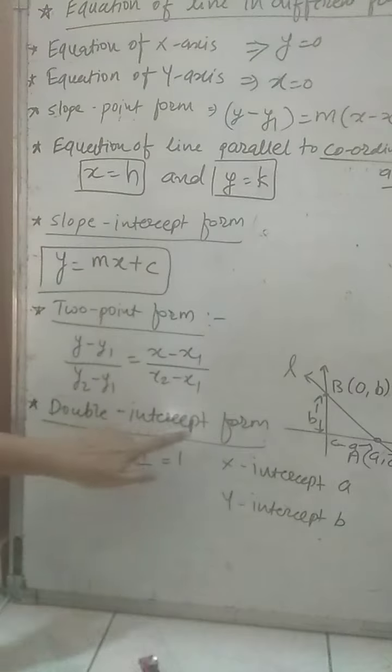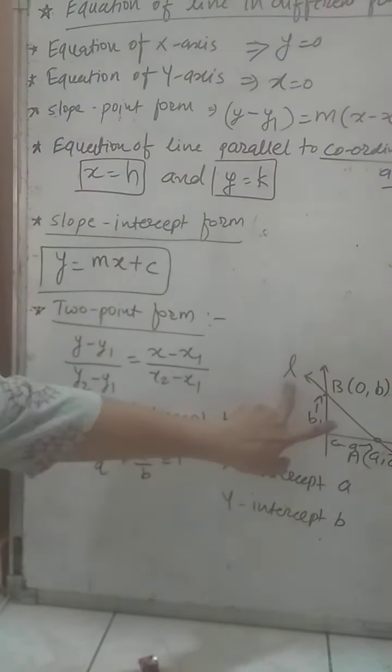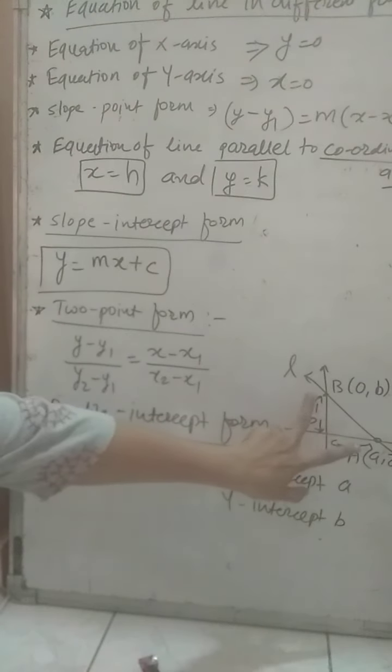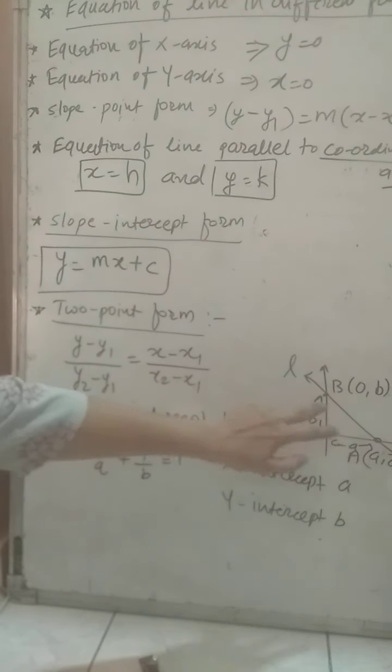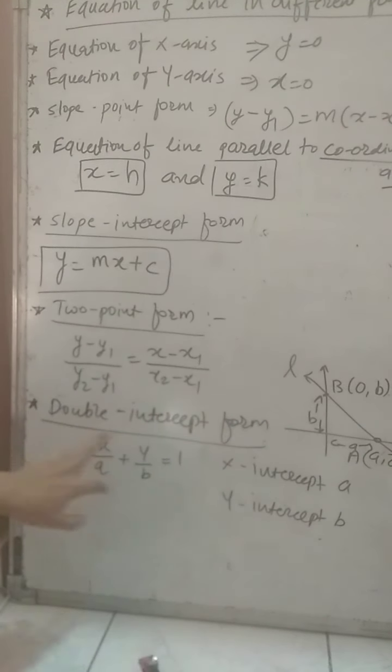Next, double intercept form. If we consider any line L having x intercept small a and y intercept small b, we get the equation of the line in double intercept form: x upon a plus y upon b equal to 1.